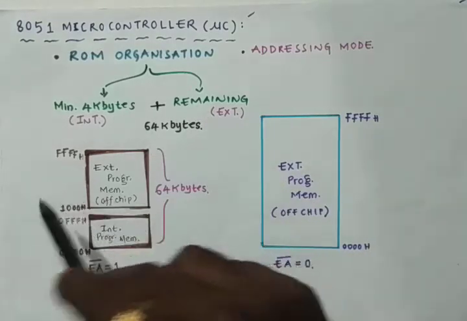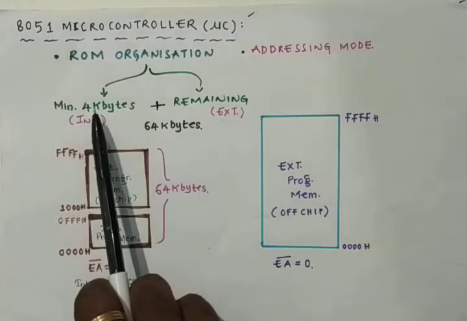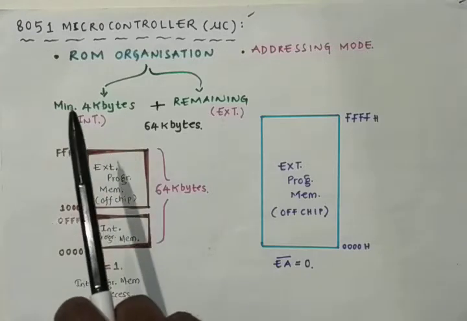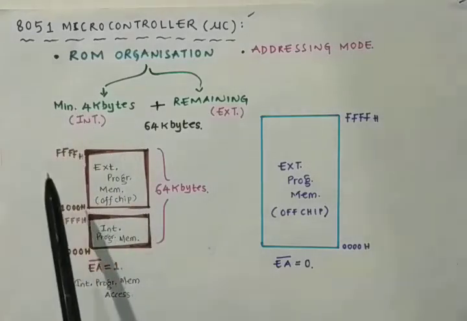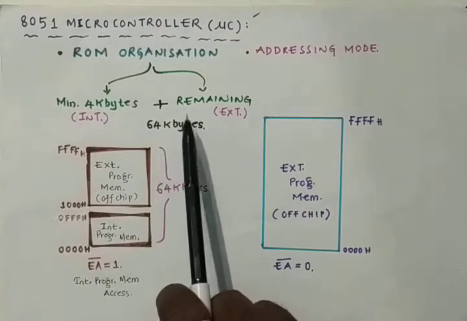Now I am going to talk about the internal ROM architecture. After that we can study the external ROM structure. Internally, the program memory is a minimum of 4 kilobytes in the 8051. Other variants have larger internal memory, but the total code memory must equal 64 kilobytes.